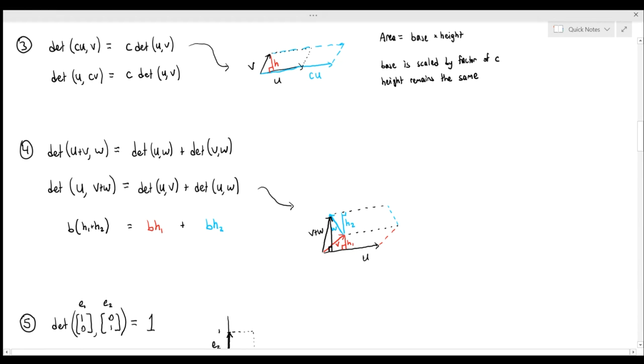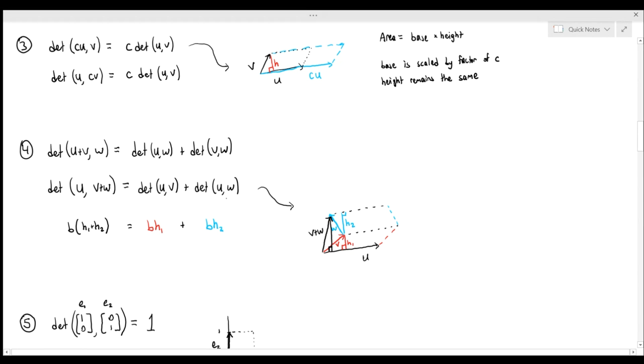Here I've drawn the height of the parallelogram determined by vectors u and v. Thinking of u as the base of the parallelogram, the determinant of u and v would be the base times the height, h1.